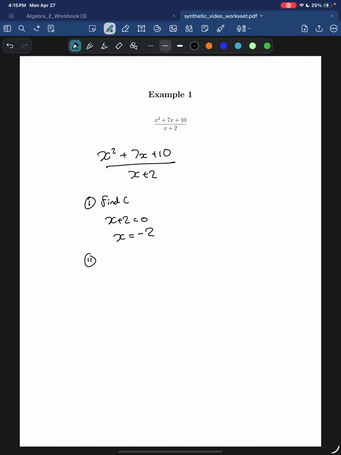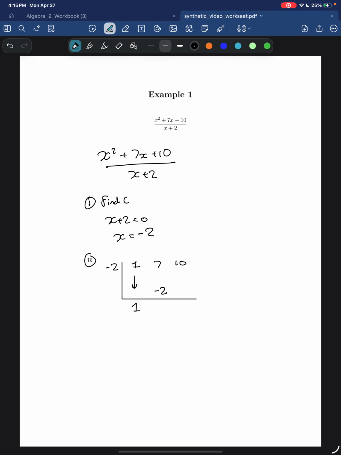So I found my c. My next step was to draw the L-shaped thingy, and then get my coefficients. Here in this case it's 1, 7, and 10. Then add the first term to 0. It's just going to be 1. 1 times negative 2 is negative 2.